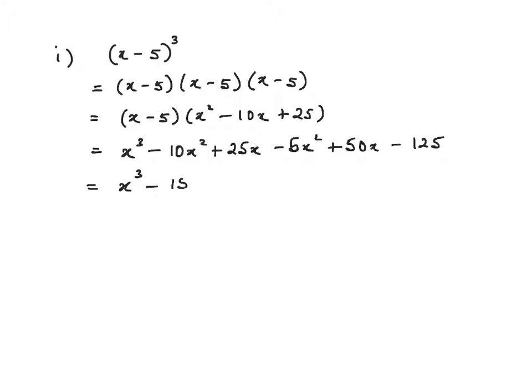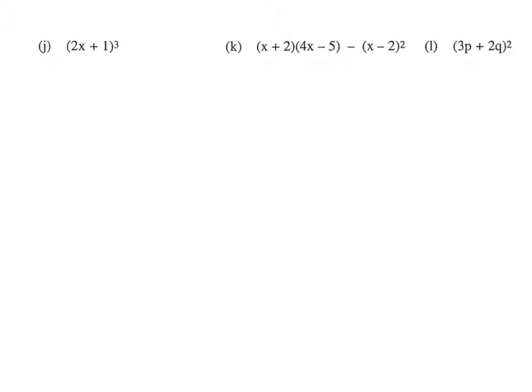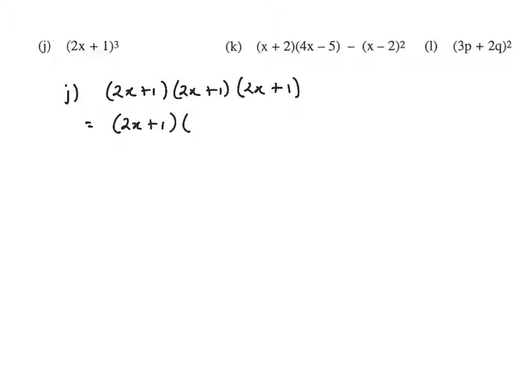Minus 15x squared, 25, that's 75x, minus 125. Leave the first bracket, expand the next two, so that's 4x squared plus 2x plus 2x plus 1.